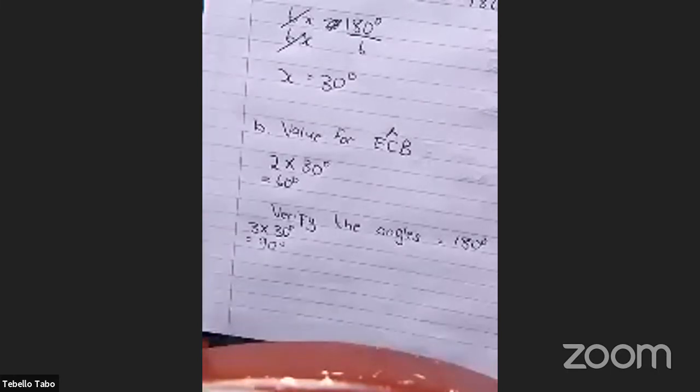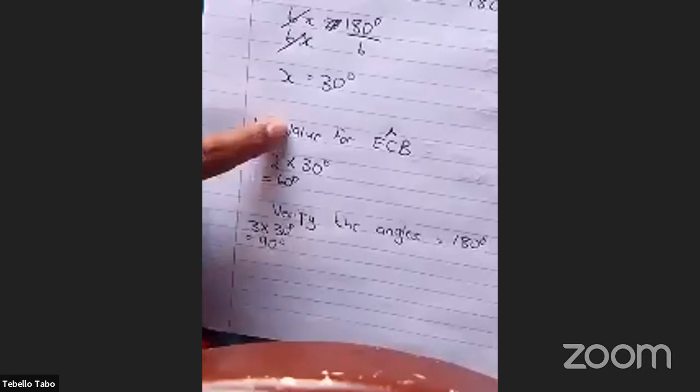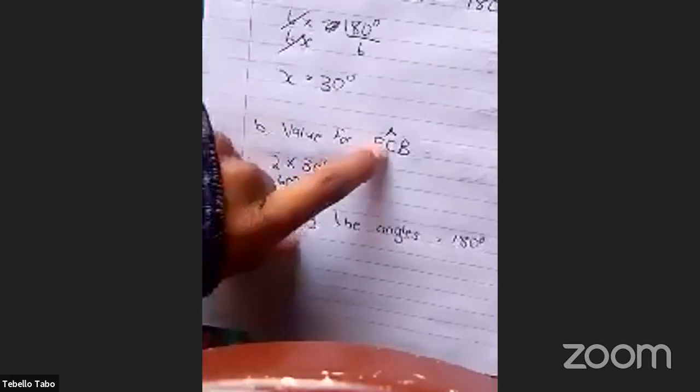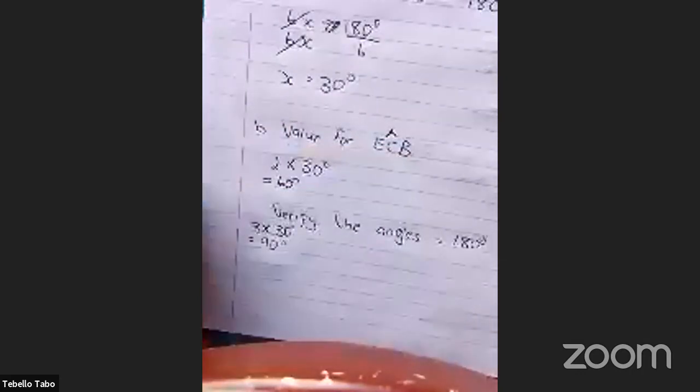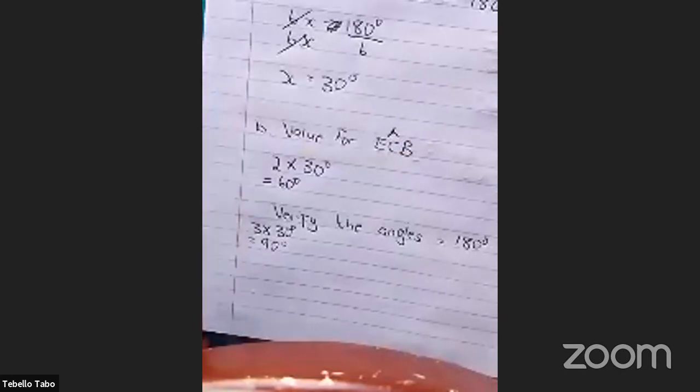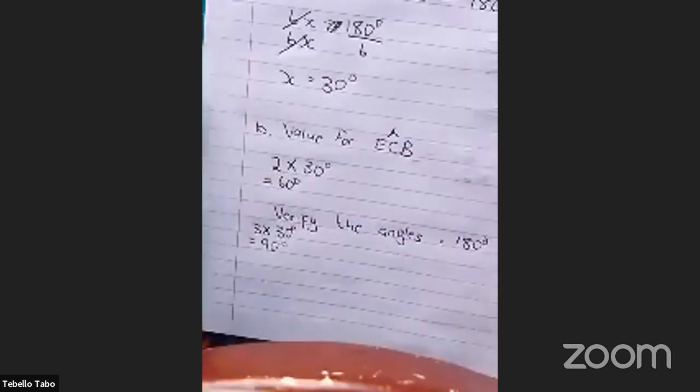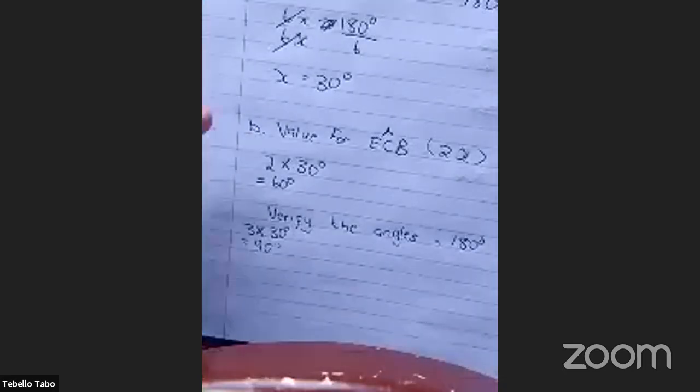Okay, so number B, we had to find our value for ECB. When we find our value for ECB, we must first know the angle for ECB. Our angle for ECB is 2x. So now we must find the value for 2x.